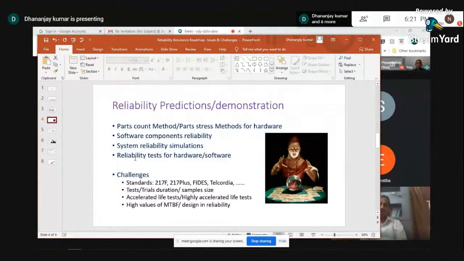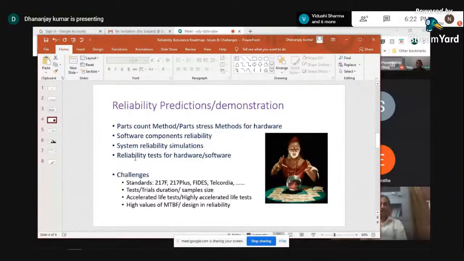And this becomes really challenging because when it comes to the parts count method and parts stress method, there are many standards, and not all standards cover all the components, all the parts. You need to bring in information from the previous generation of the products and implement it here to predict.